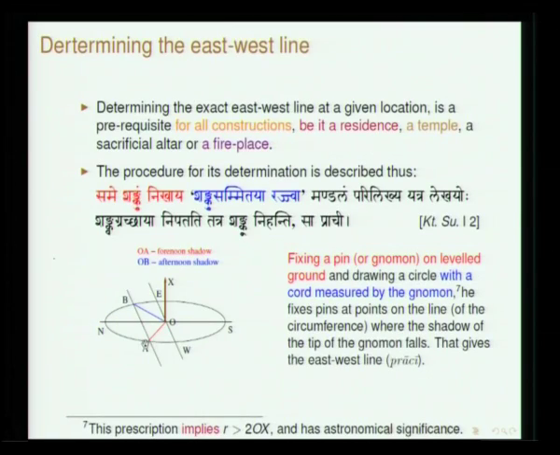Okay. So, determining the east west line. As you can see in the diagram, here OX refers to the Shanku, a small stick which is well shaped, and there is a tip at the top. It is sharpened at the top end, which is OX.